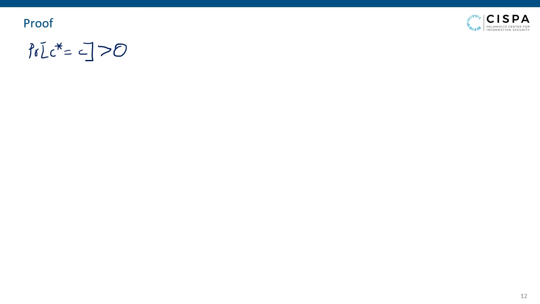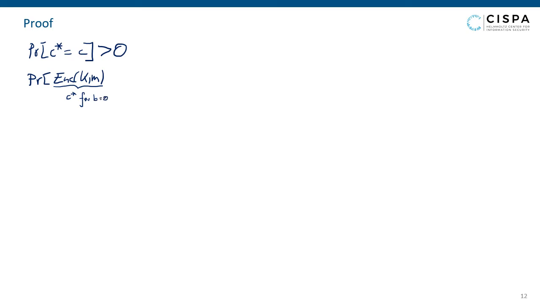Why is that the case? Well, we know that if the challenge bit B is 0, then the challenger encrypts the message M. Then this is my challenge ciphertext C star for B equals 0.